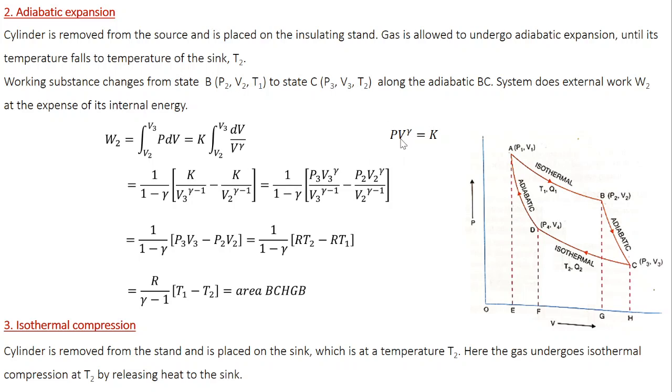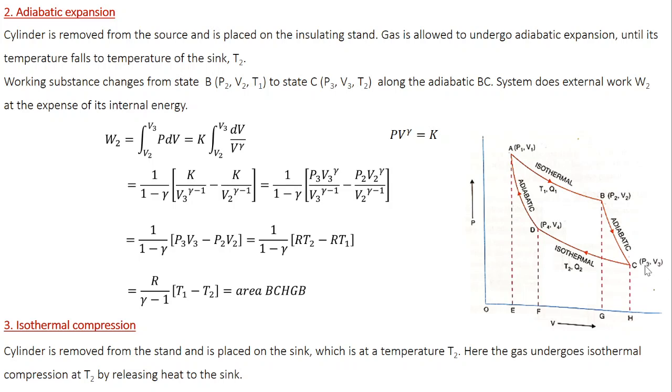Since PV to the power gamma is constant, I can replace this K with P3 V3 to the power gamma and the second K with P2 V2 to the power gamma. So when you simplify this, you get 1 divided by 1 minus gamma, P3 V3 minus P2 V2. Since we are talking about 1 mole of ideal gas, PV is nothing but RT, right?